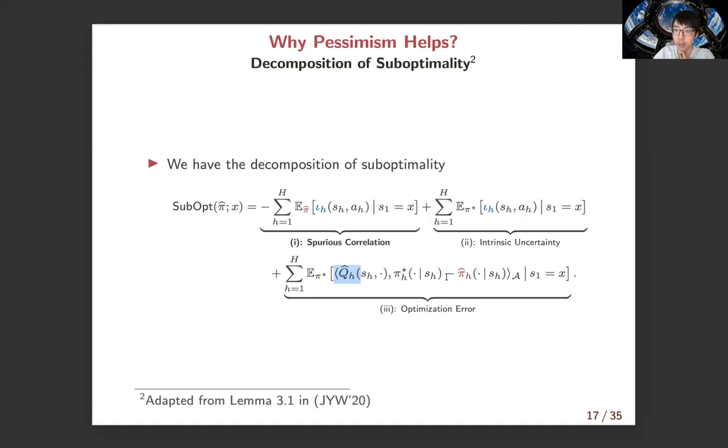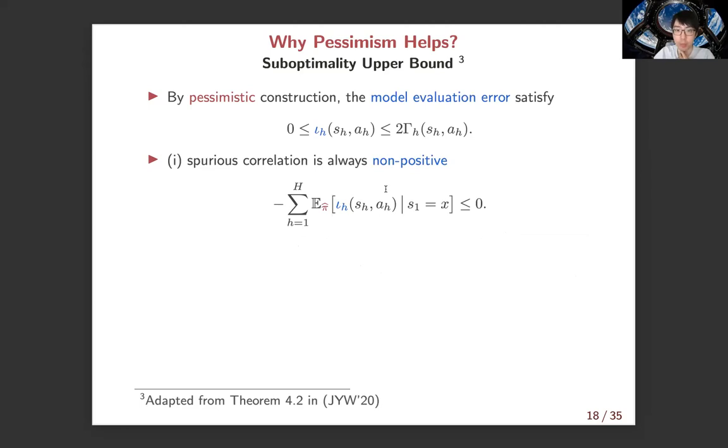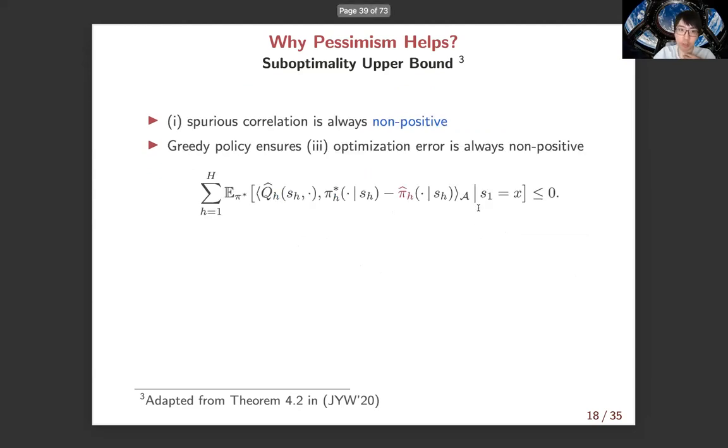So we only have to worry about the first 2 terms, and we hope to eliminate the first term. If we are actually using a pessimistic value function, then the model evaluation error will be bounded between 0 and 2 times the width of the confidence interval. As a result, the first term is always non-positive.